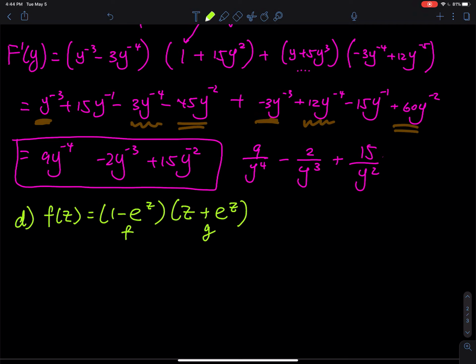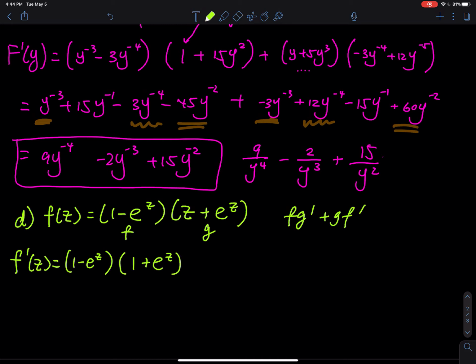The product rule is fg prime plus gf prime. So f prime of z, that is equal to, copy the f, and then take the derivative of g. The derivative of z is 1, and then e to the z is always e to the z. And then plus copy the g, and then take the derivative of f.